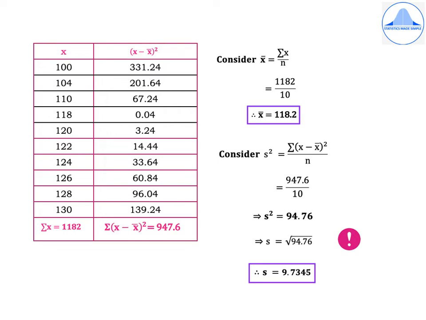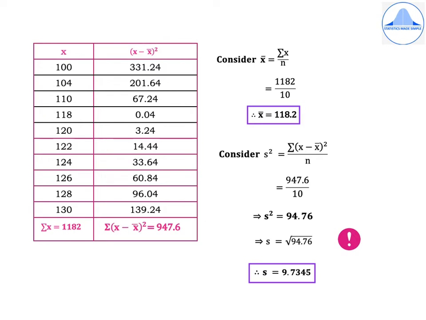In a similar way, take every x value in the first column, subtract it from the mean which is 118.2 and square it. So the remaining x minus x bar whole square values are 201.64, 67.24, 0.04, 3.24, 14.44, 33.64, 60.84, 96.04, 139.24, and we get summation x minus x bar whole square is 947.6.